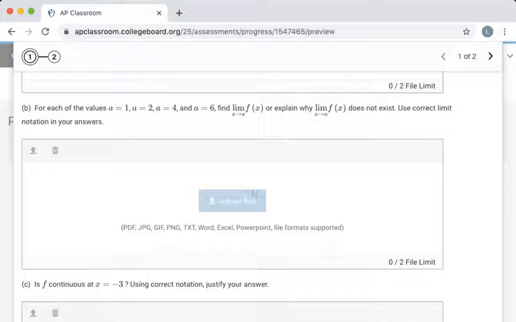The first one we'll do is 1, the second is 2, the third is 4, and the last is 6.